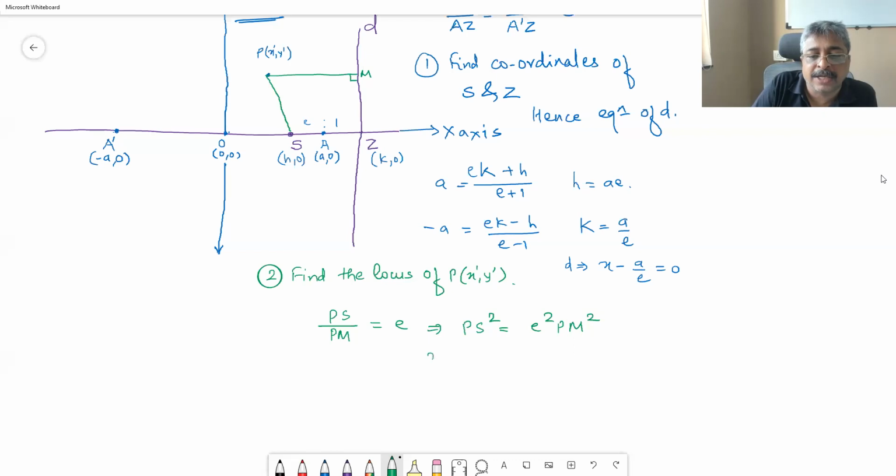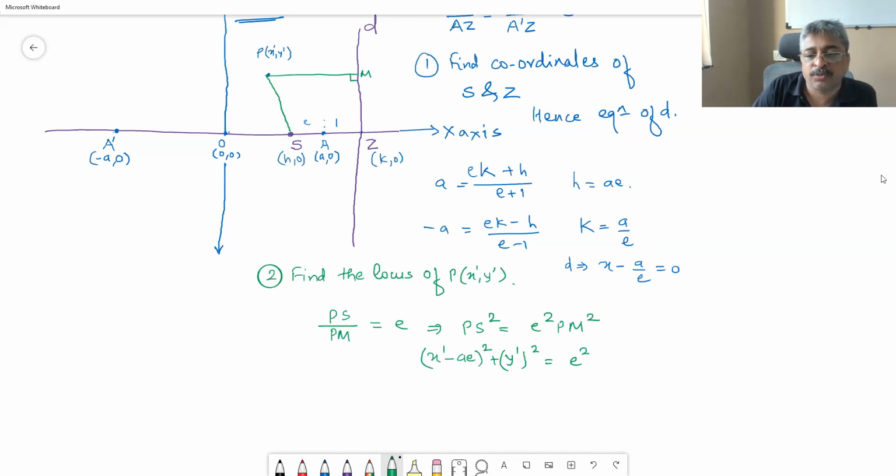Distance PS: (x' minus ae) whole square plus (y' minus 0) whole square, that is PS squared, is equal to e squared times the distance of (x', y') from this line.